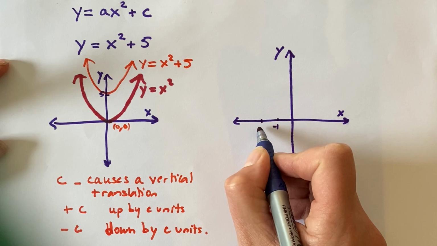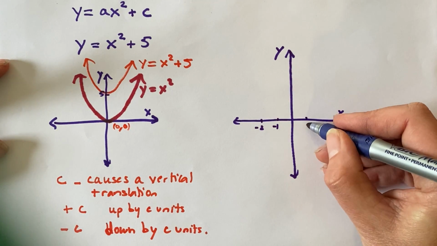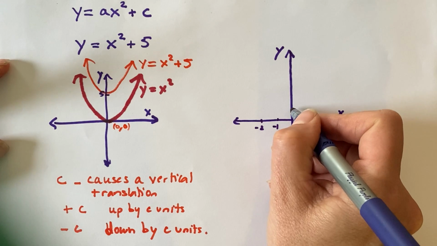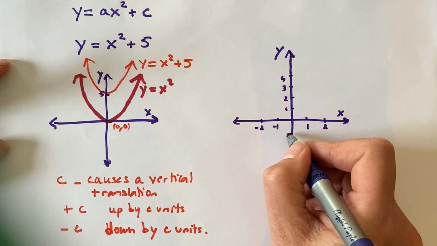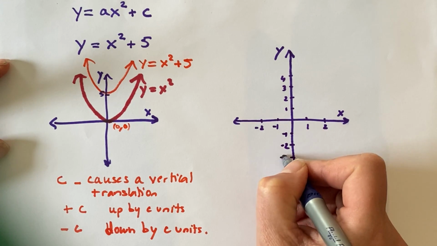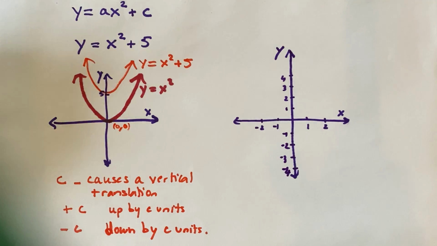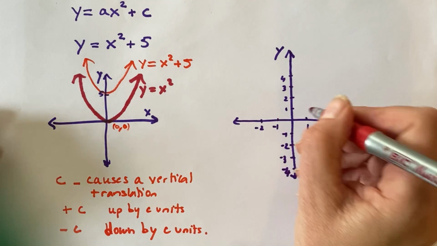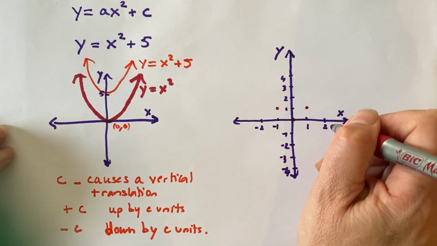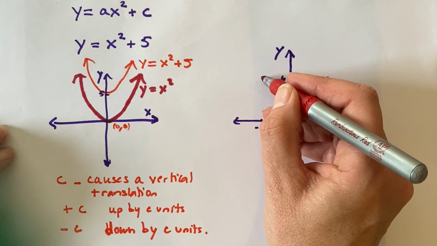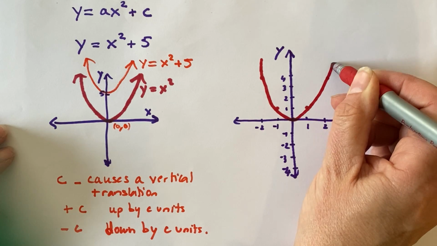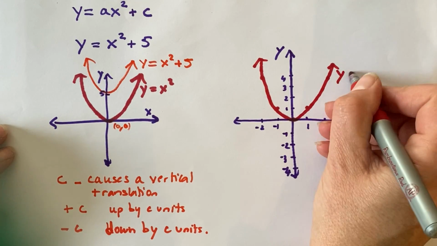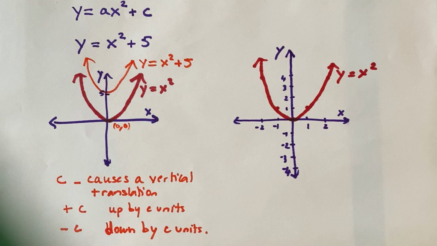So 1, 2, 3, 4, and -1, -2, -3, -4. So first, my parent function, it's the same as we've been looking at. 0, 0, 1, 1, -1, 1, 2, 4, -2, 4. You're going to get so used to seeing that, it's going to feel boring after a while. So here again is my y equals x squared parent function.